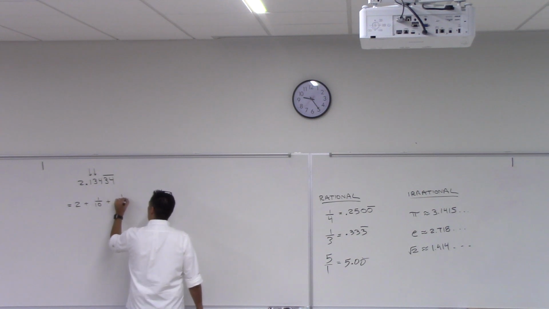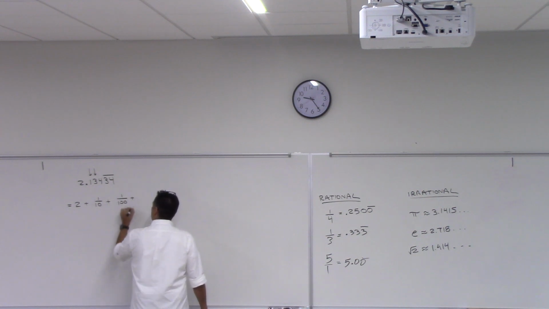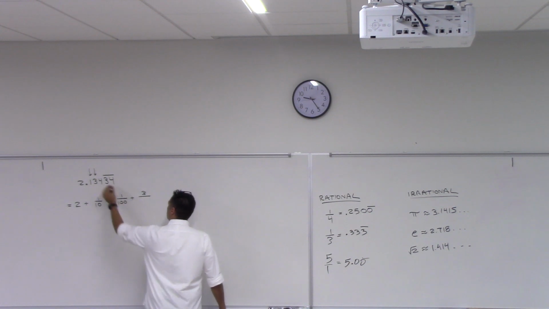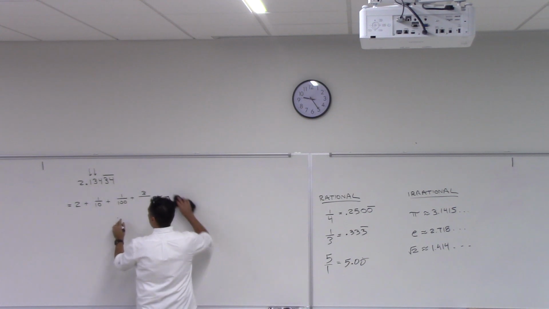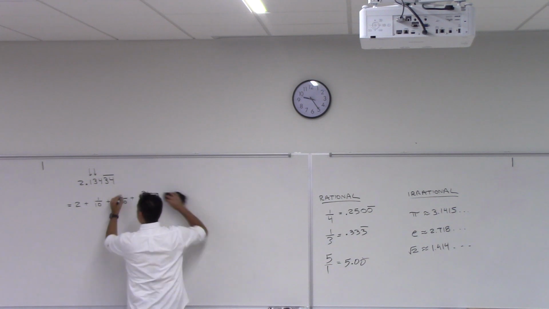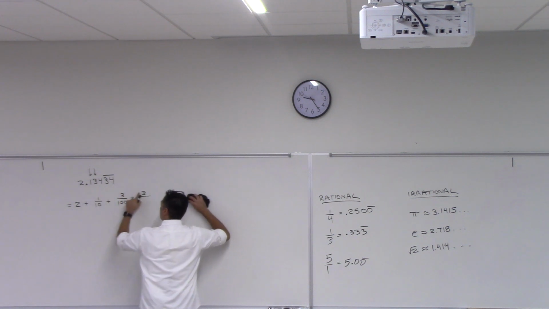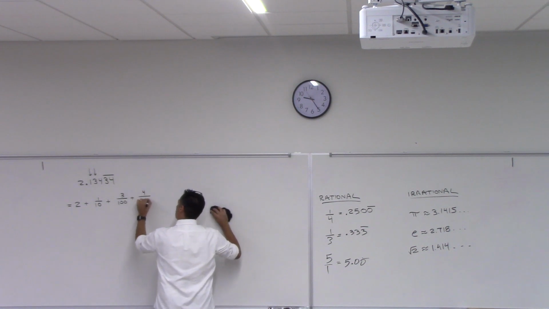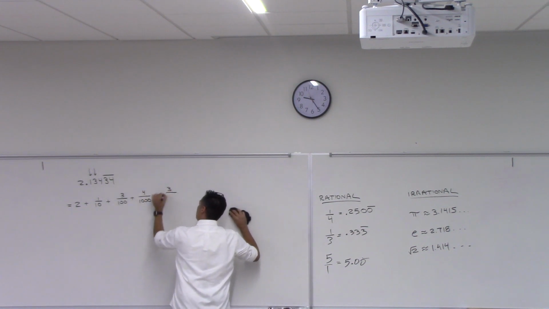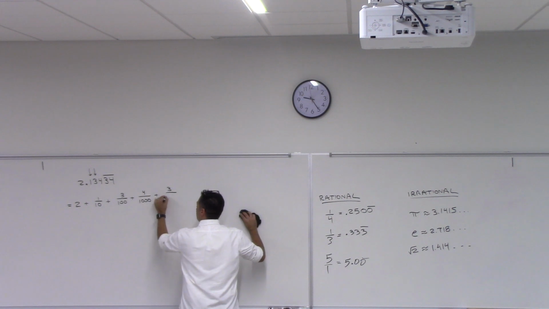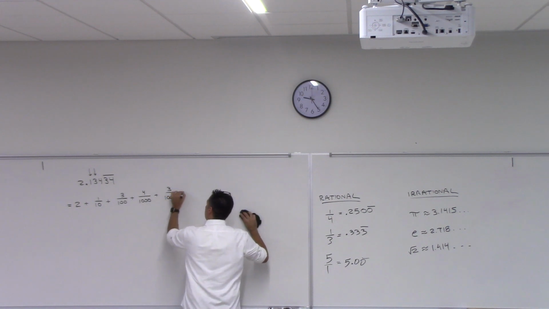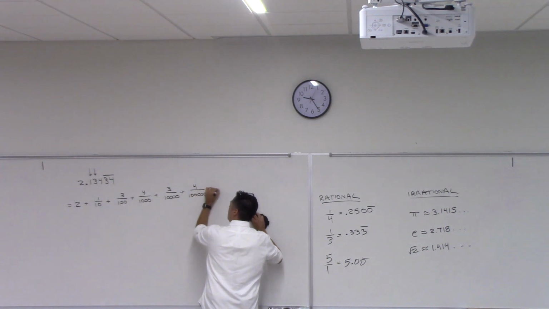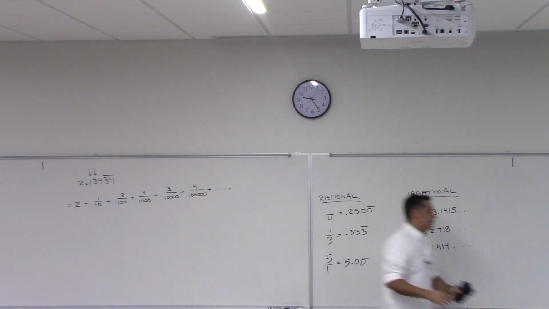So plus 3 over 100, oh sorry, I said 1, I meant to say put 3 here, 3 hundredths, sorry. And then what? 4 thousandths plus 3 ten thousandths plus 4 hundred thousandths plus, and then that pattern would continue, wouldn't it?